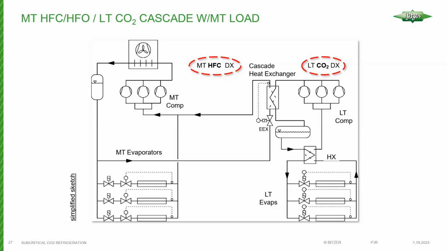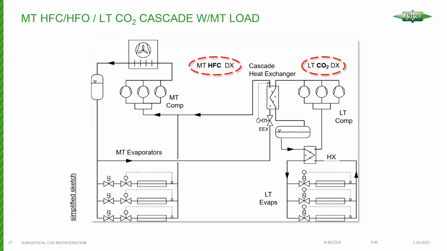But again, because these two circuits are coupled by a heat exchanger here, you've got two different refrigerants, and that's the main advantage of using a cascade system: you can break down stages to get the individual compression ratios lower and use different refrigerants that are more effective, more efficient, more appropriate.